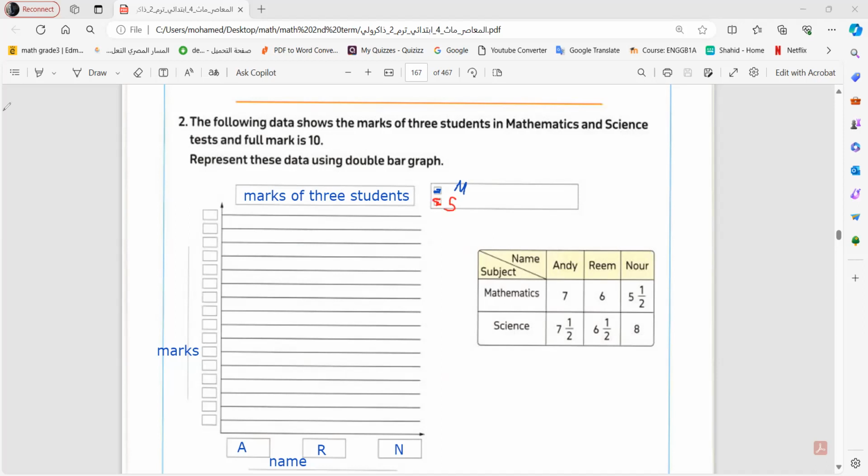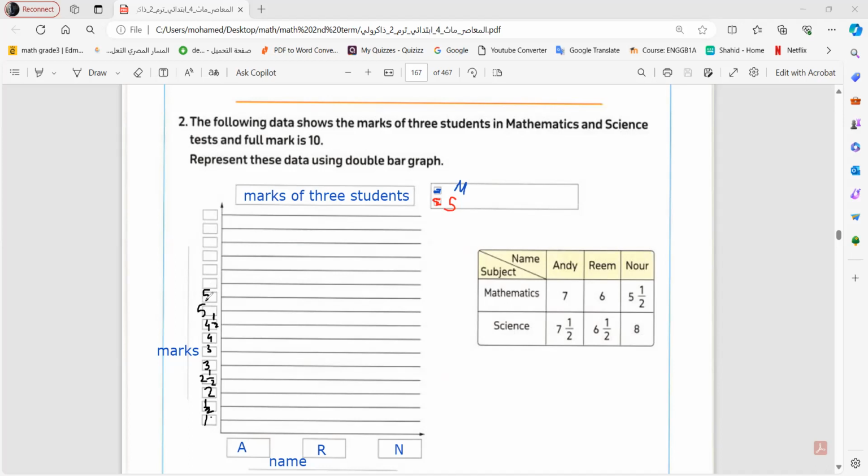What are the numbers you have? Bravo. I will make the greatest is 8. So I want to stop in 8. And I have halves. So 1 and 1 half. 2 and 2 half. 3 and 3 half. 4 and 4 half. 5 and 5 half.